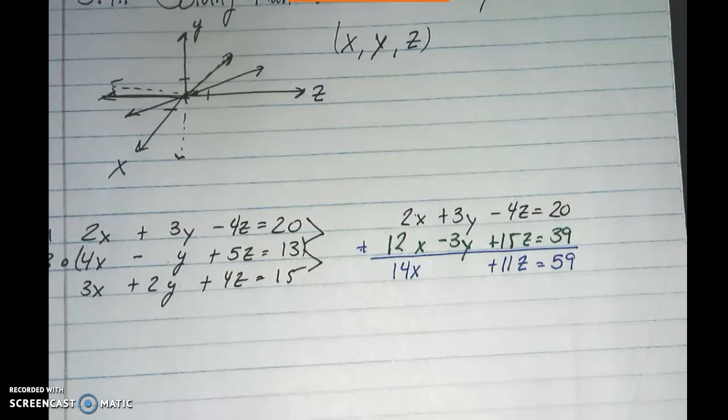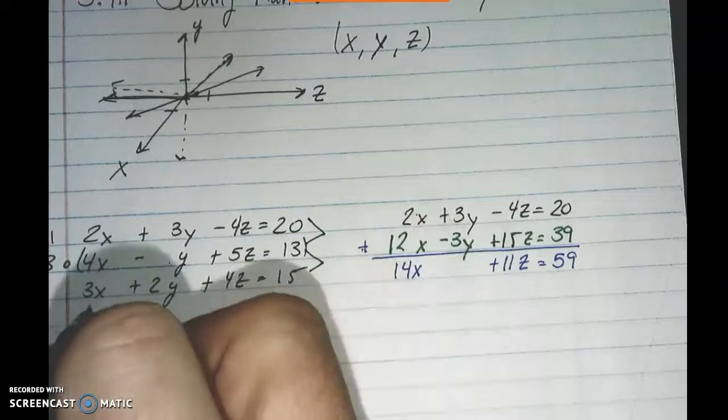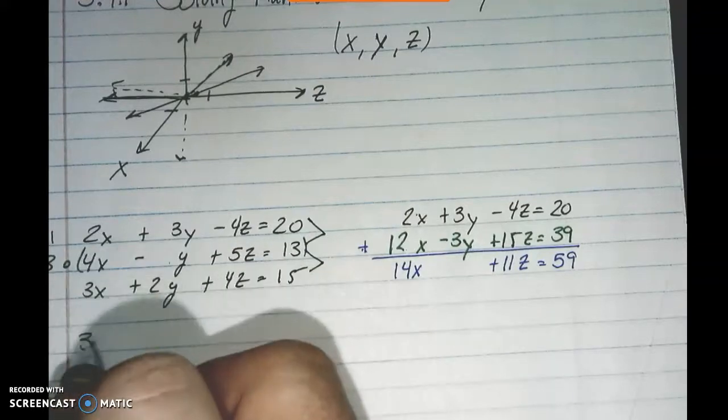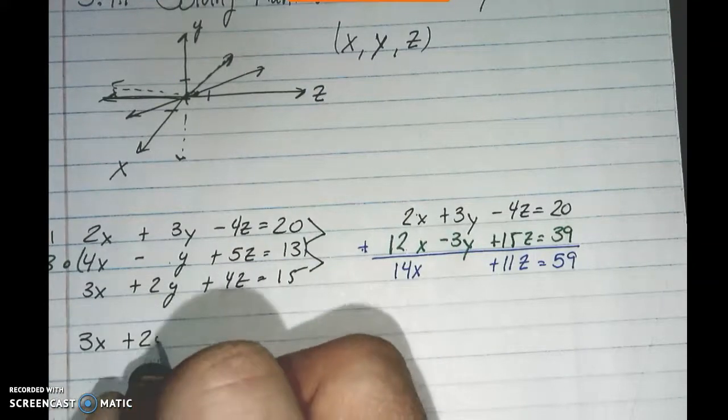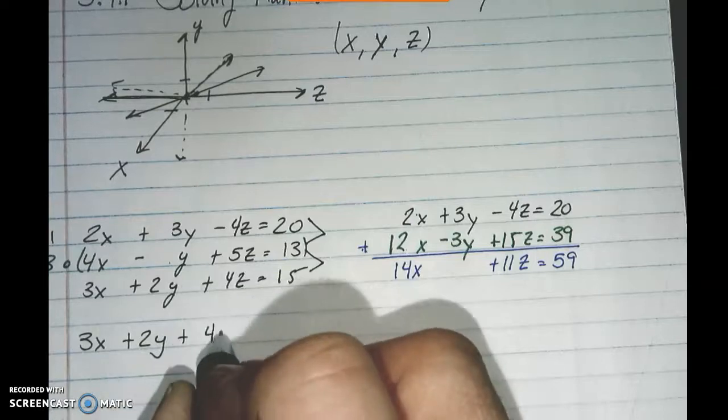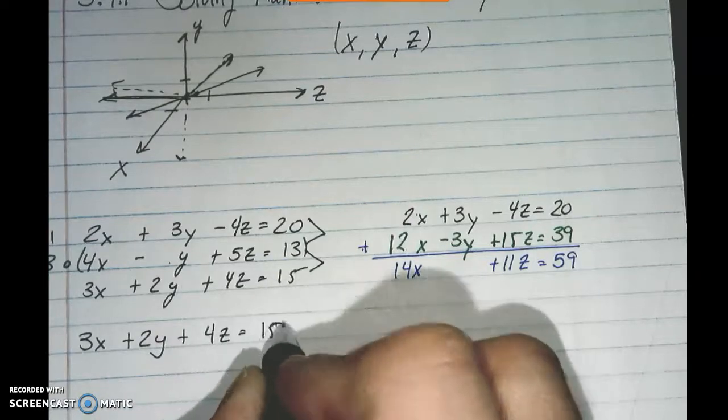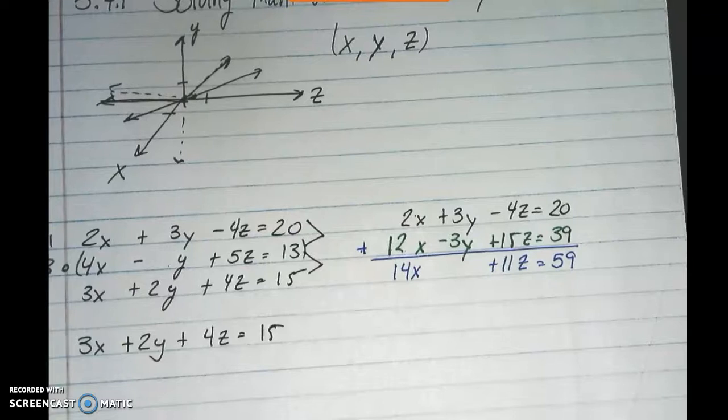Okay, so the next one I'm going to do is I'm going to take this third equation and I'm not going to do anything to change it. Because I'm going to take it and this time instead of multiplying it by 3, I'm going to multiply it by 2. Why am I going to multiply it by 2?